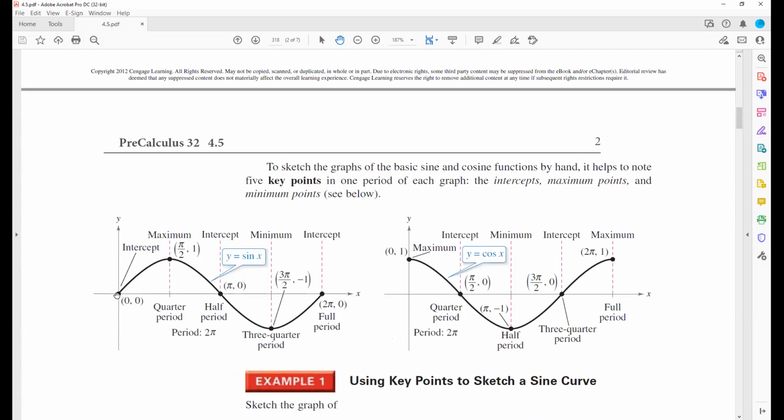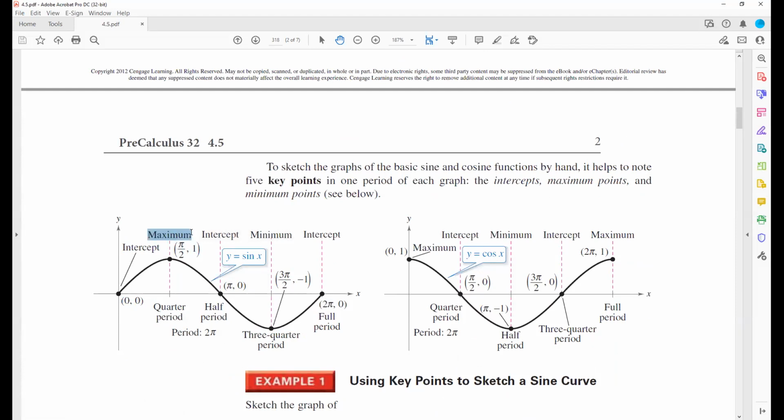So your sine function at 0 has a y value which is 0. Then at pi over 2, if you plug in pi over 2 into the sine function, the y value is 1. 1 is the maximum value of your function.